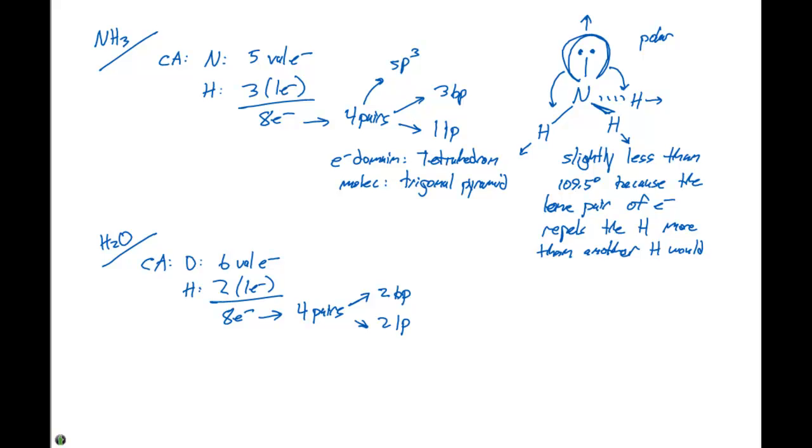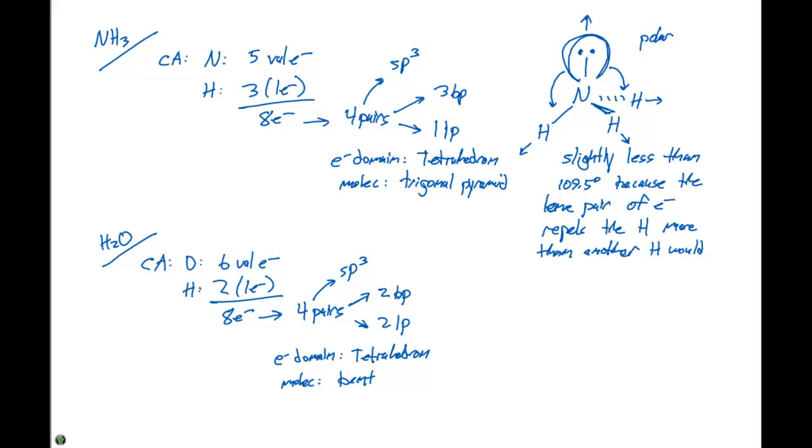So in this case, we still have 4 pairs, so our electron domain geometry is still going to be a tetrahedron, and the hybridization is going to be sp3, since we have those 4 pairs. But our molecular geometry is going to be a bent molecule.